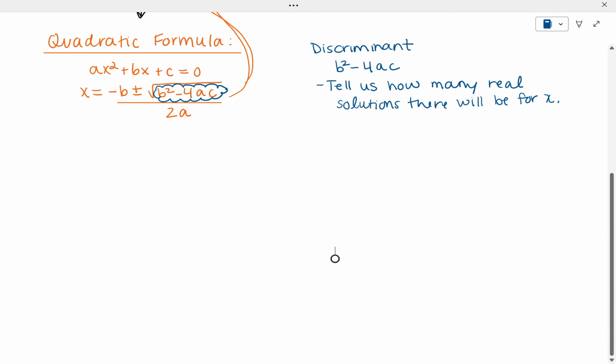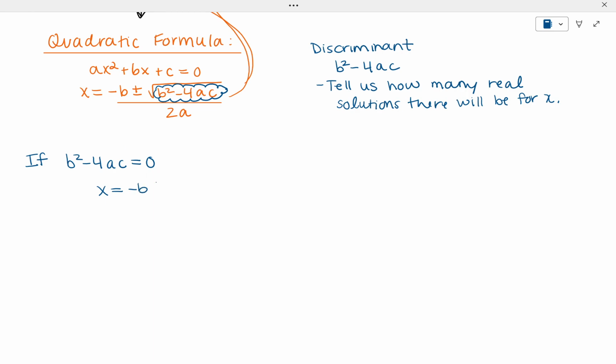So if the discriminant b squared minus 4ac equals 0, then we would have the quadratic formula as such.